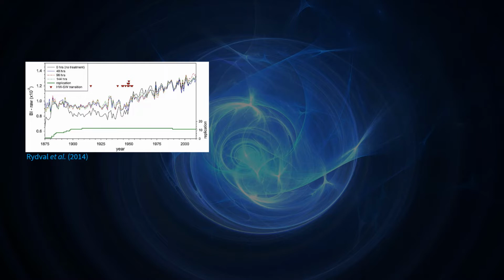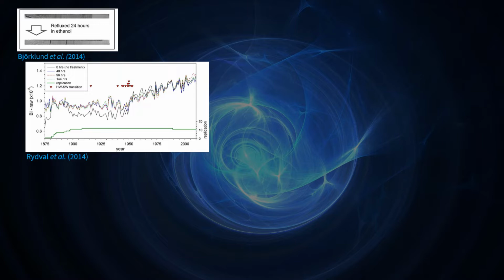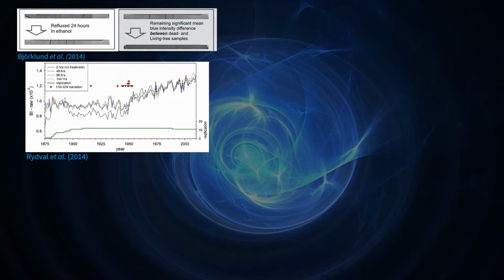These discoloration issues that can introduce a bias in the blue intensity values can be related, for example, to a hardwood and softwood difference in color and brightness properties, which essentially represents a step change in blue intensity. And the issue can also occur, for example, if we look at living compared to relict or subfossil wood, which can have very different brightness properties.